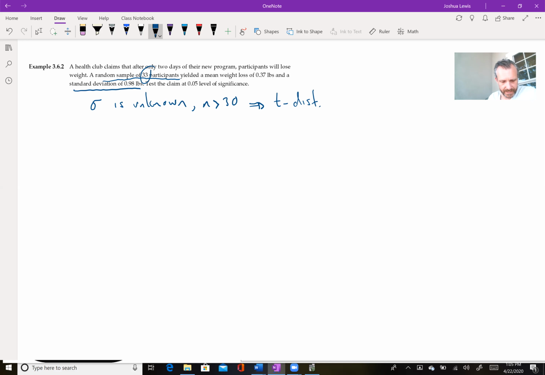Now, the claim, if you are measuring weight loss, then you should see a positive amount of loss, right? The amount of weight you've lost should be greater than 0. So the claim is that the mean is greater than 0. Again, we're talking about weight loss. So you're quantifying in a positive way the amount of weight that you've lost.